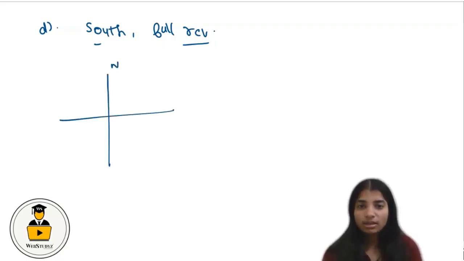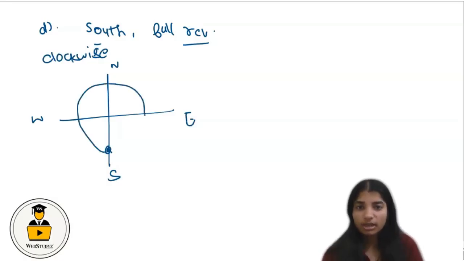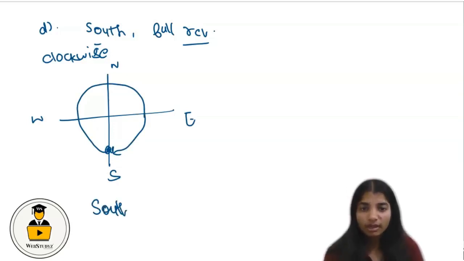This is north, this is south, this is west from here, this is east. If it moves clockwise, starting from south, making 1 complete revolution, it will again come back to south. So when it moves clockwise starting from south, the answer will be south.